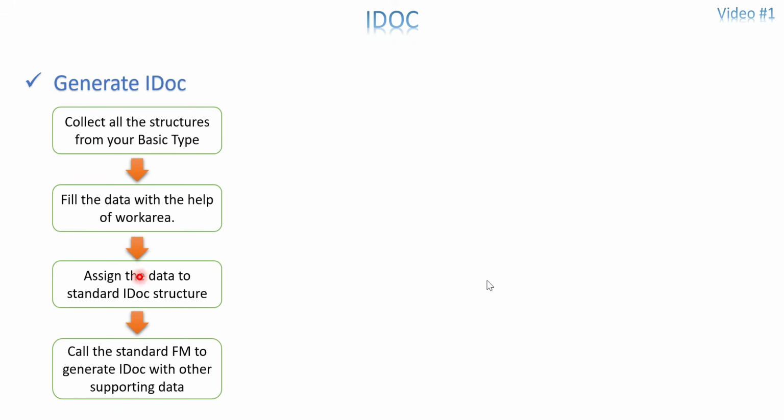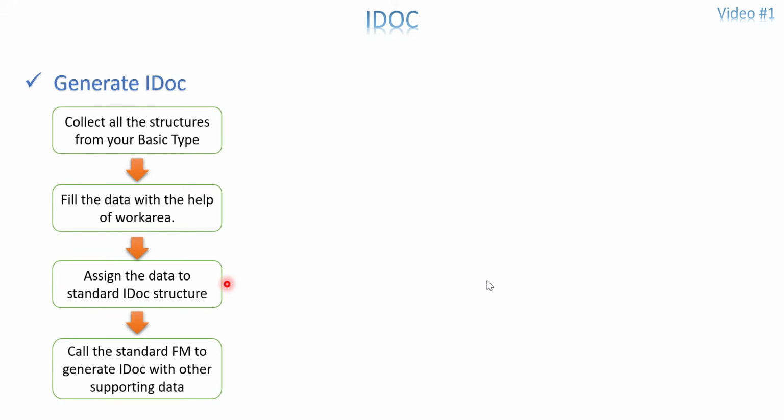And assign the data to the standard IDOC structure. So here, this is normal. You know how to collect the structure, write a work area and everything. Another one is IDOC is not ready to read the actual work area. Even though there is a structure with fields, no, it won't work for IDOC. IDOC has its own design, own structure.